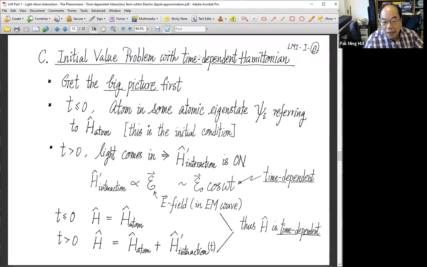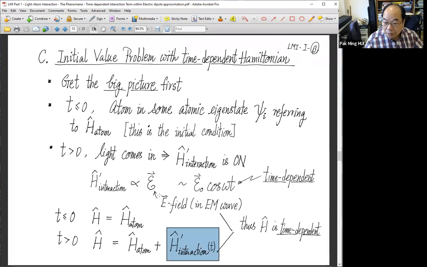And the Hamiltonian turns out to be time dependent. So let me motivate why we have this. The most important take-home message at the end is the form of this atom-light interaction Hamiltonian, H prime, that serves as the perturbation. So let's start.